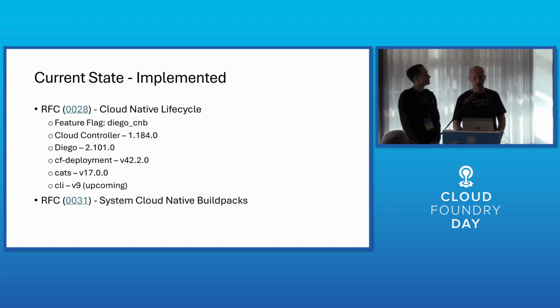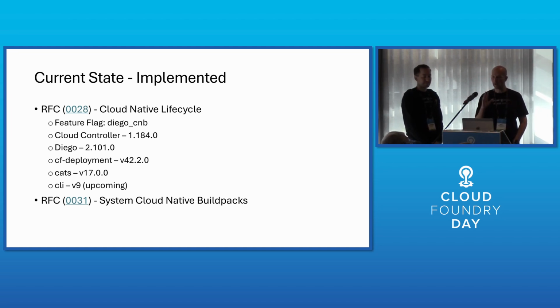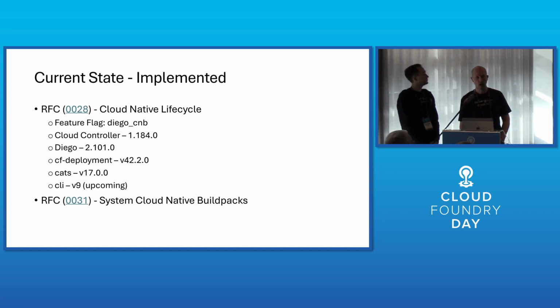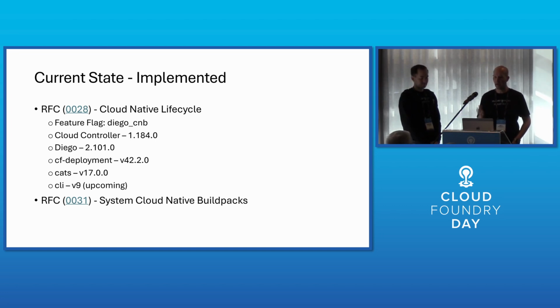Our original plan was to have no change to Diego, just to reassure that we only touch the building side but not the running side. In the end, we had to touch the Diego release because the lifecycles live on the file server, so they come with the Diego release, and the new lifecycle must be added there. But other than that, we haven't touched anything in Diego.